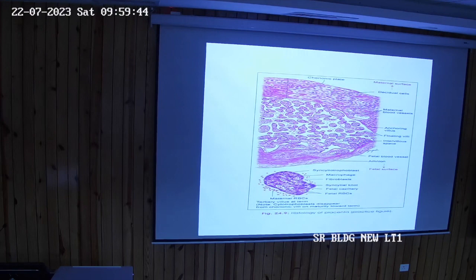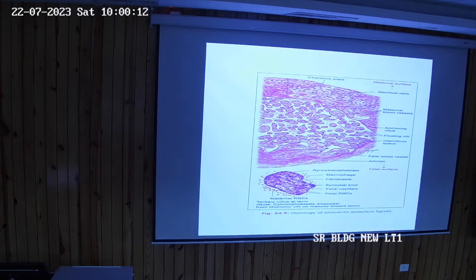One part develops from the uterus, that is the endometrium, and that part of the endometrium is called decidua basalis. And the fetal part which is developing is called chorion. So the placenta has two parts, chorion and decidua basalis.